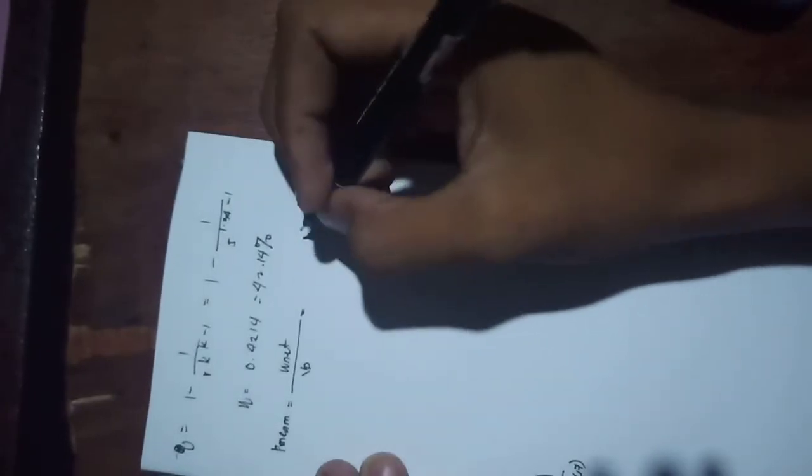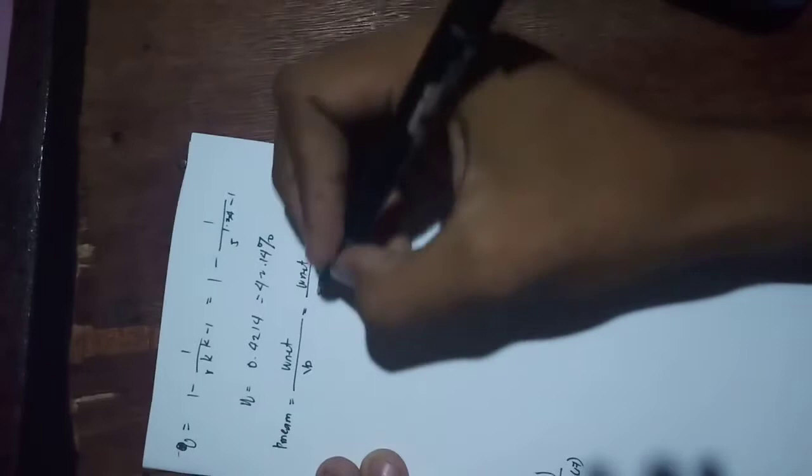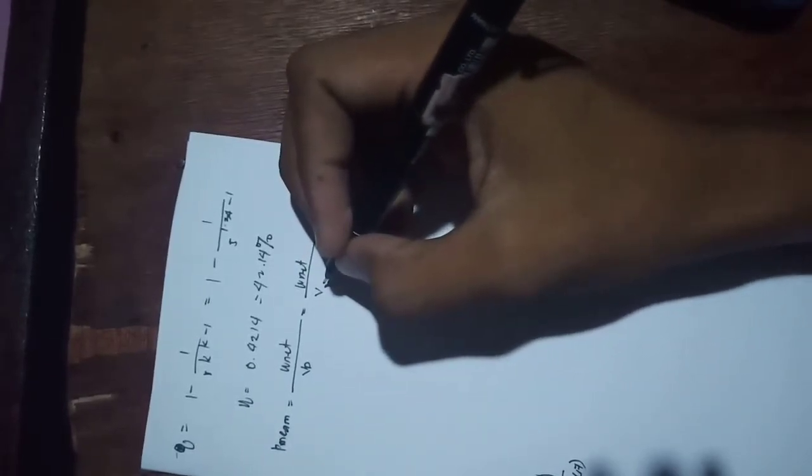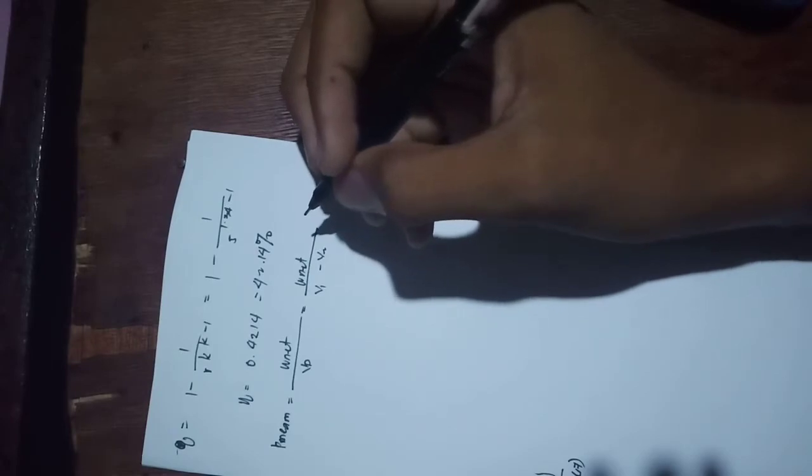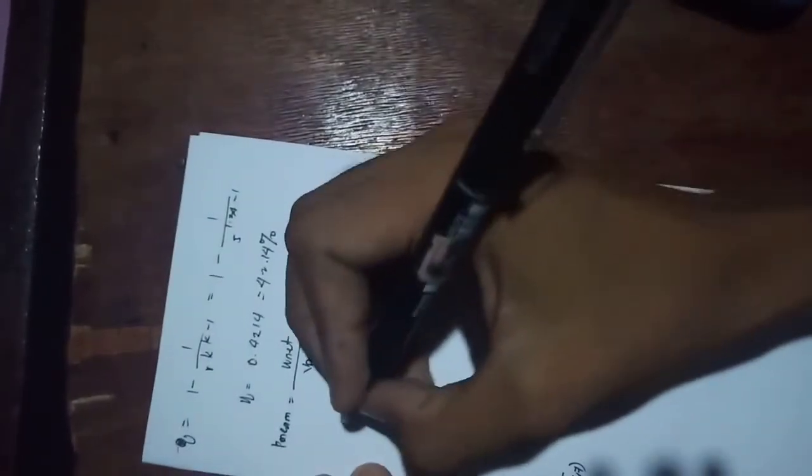So the equation for this is work net over the volume displacement. The volume displacement is equal to V1 minus V2. Okay, so let's get the work net.